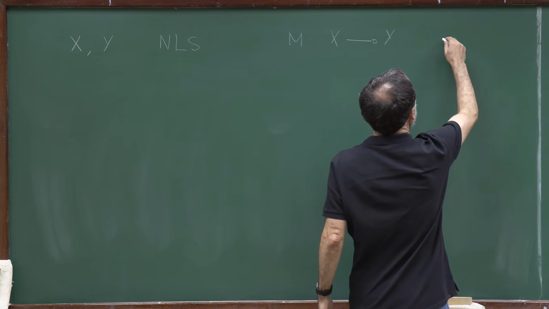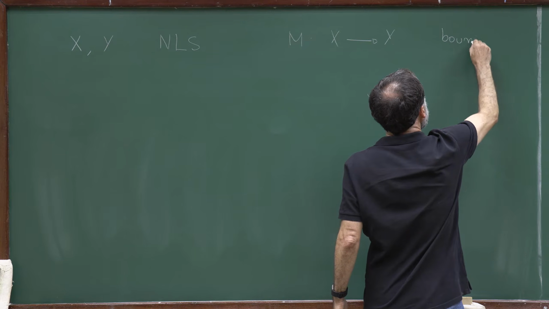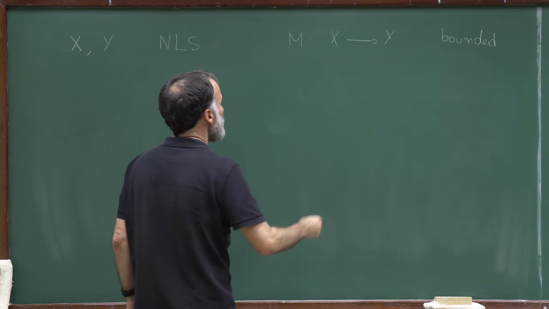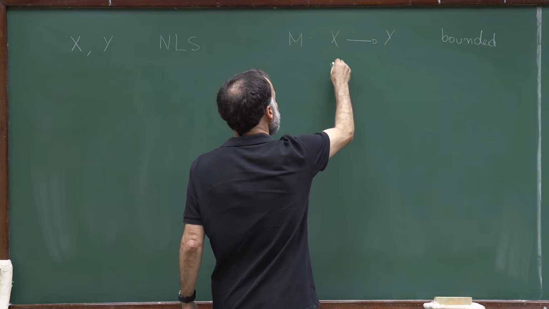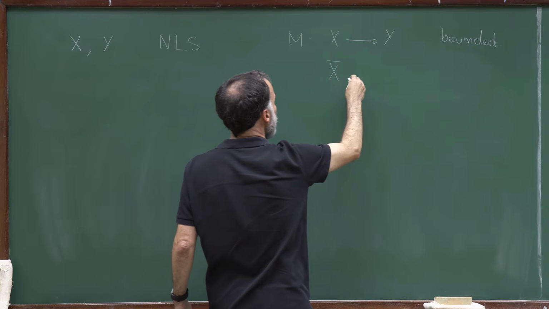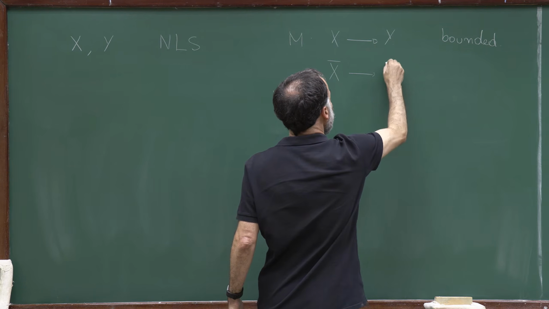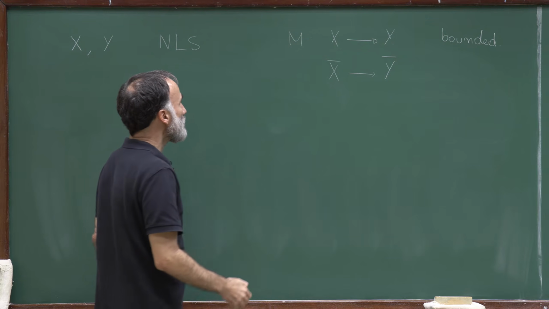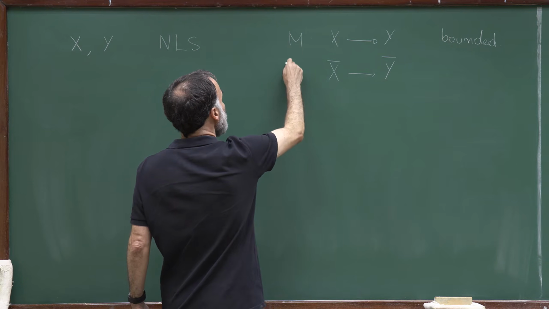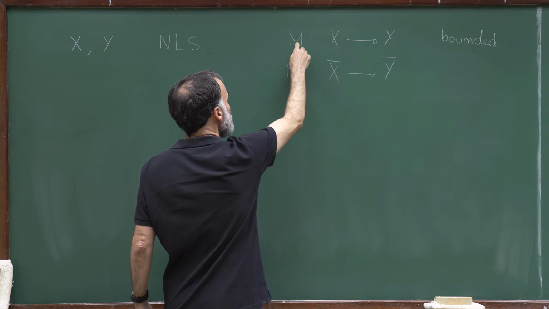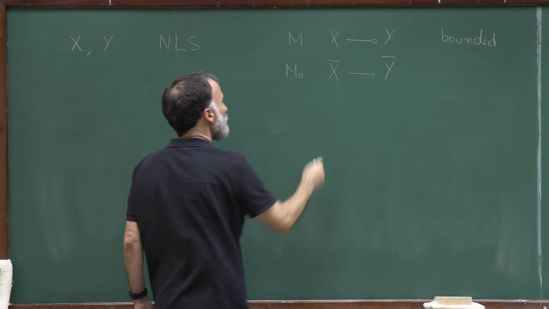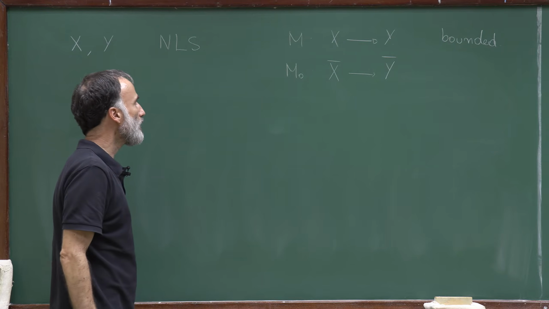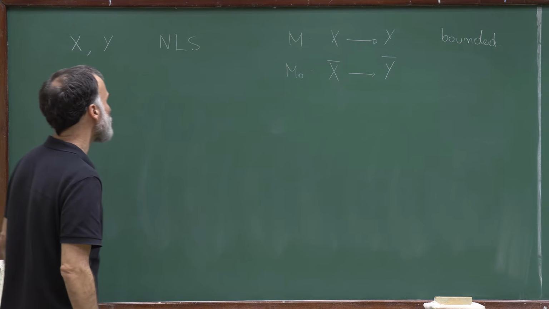which is linear and bounded, if you represent by X bar the completion of X and Y bar the completion of Y, what I claim is that it's always possible to extend the definition of M from the completion of X to the completion of Y, and this is what I want to show now.